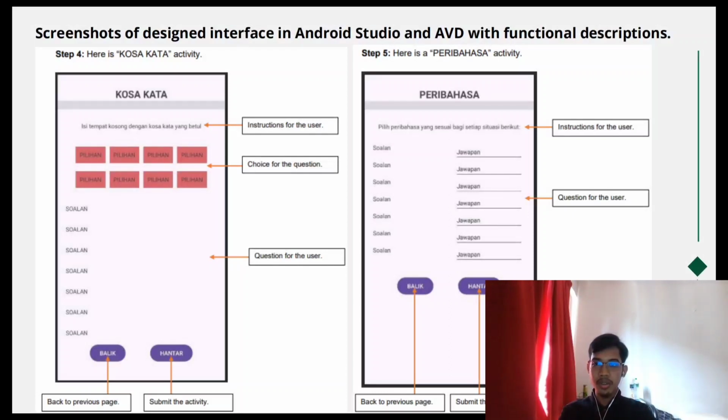If user chooses to do the kosakata activity, user will be given instruction and choices for the question to answer the question. User can choose to either go back to the previous page or submit the activity. The same goes for the peribahasa, where the user will be given the instruction and answer the question accordingly.